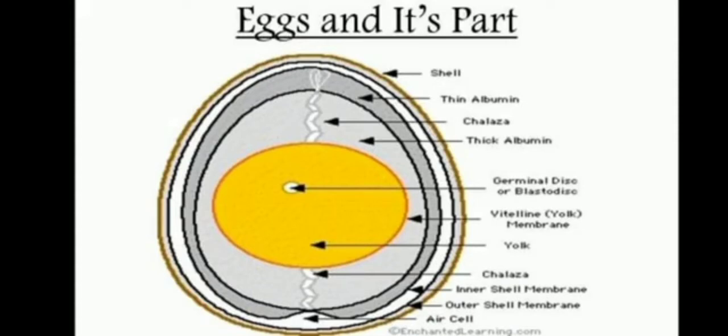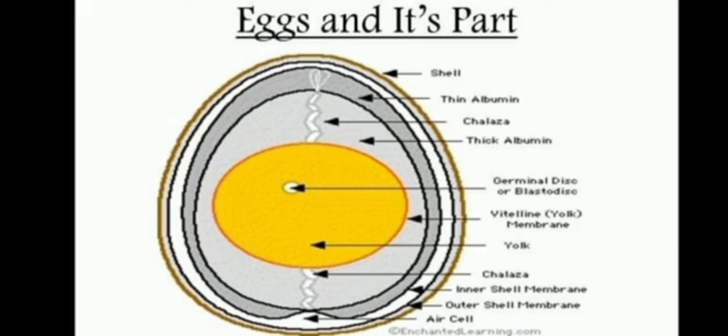When an egg is first laid, it is warm. As it cools, the content contracts and the inner shell membrane separates from the outer shell membrane to form the air cell. So, guys, ang itlog is warm pa siya samtang gawas pa sa hen.